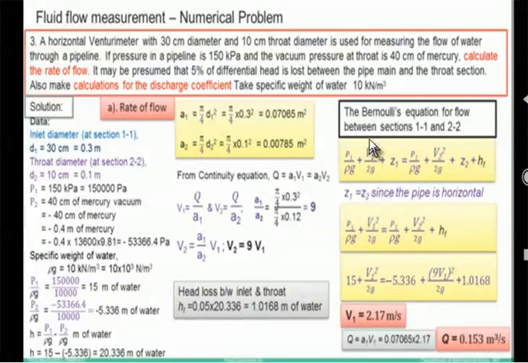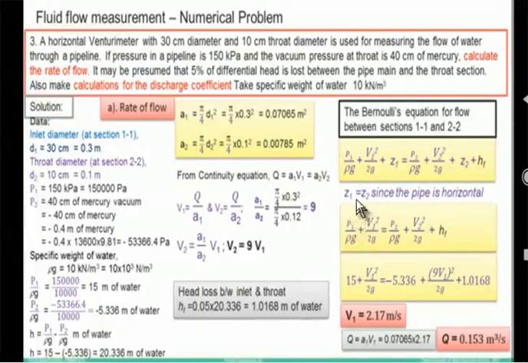Now we can use the Bernoulli equation for sections 1 and 2. Already we solved some problems on this Bernoulli equation. What is given: p1 by rho g plus v1 square by 2g plus z1 is equal to p2 by rho g plus v2 square by 2g plus z2 plus hf, because it has some 5% of the loss, so we have to consider that here.